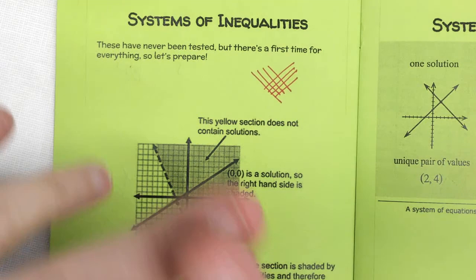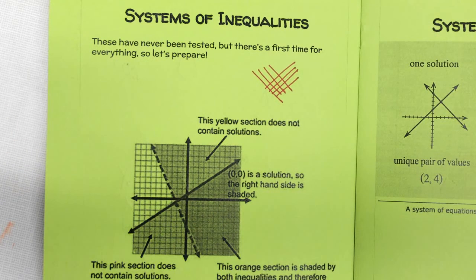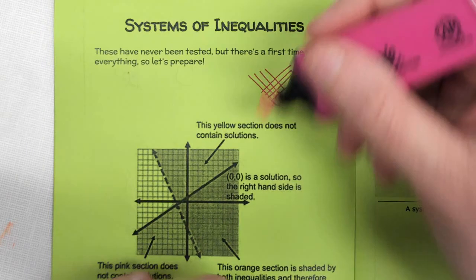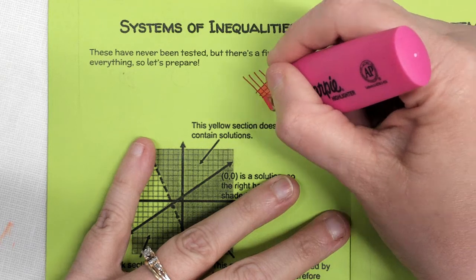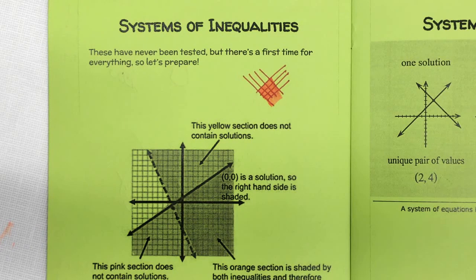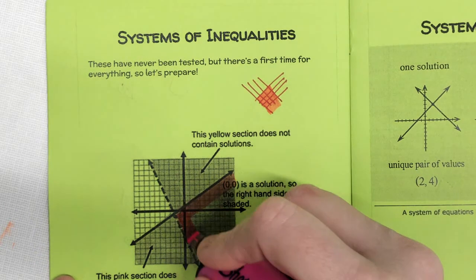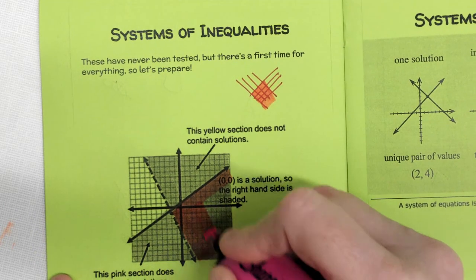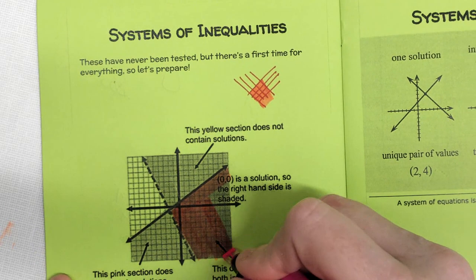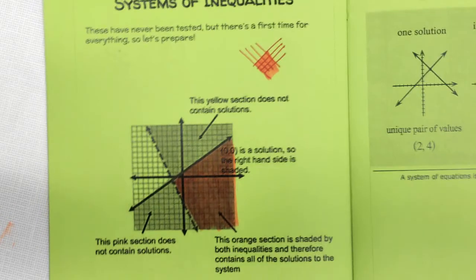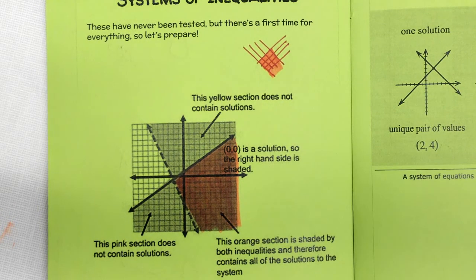So you might see cross-hatching also. In this case, the area right here is the solution set. On this one, the area where they overlap is the solution set. This picture was in orange and pink and yellow, but we have black and white, so we're going to color it in.